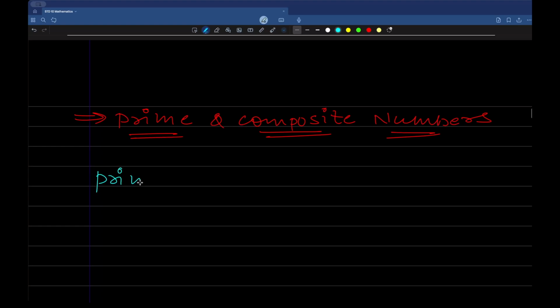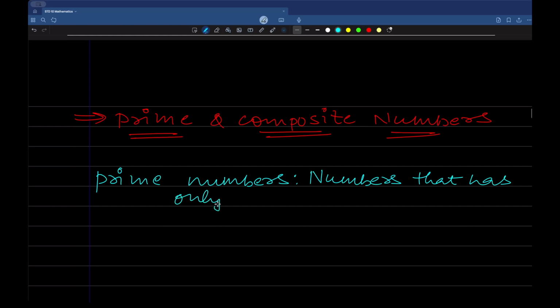What are prime numbers? Prime numbers have only two factors, that is 1 and the number itself.